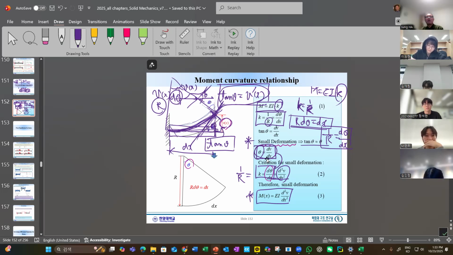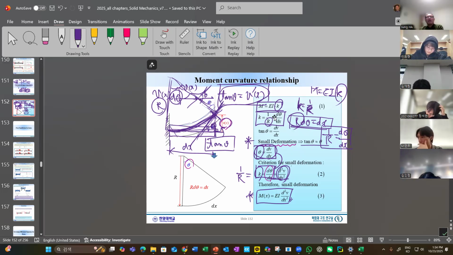So theta equals just the slope. Now this slope and this d theta/dx comes from the definition of radius r, right? So combining that, 1 over r, or curvature, is the second derivative. That's the one we know.